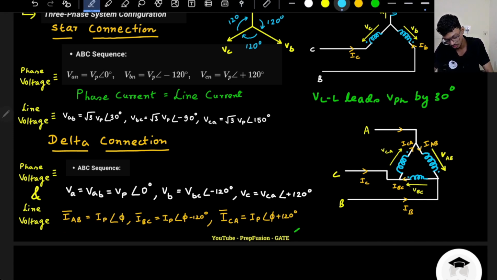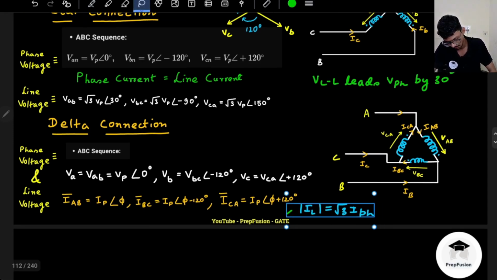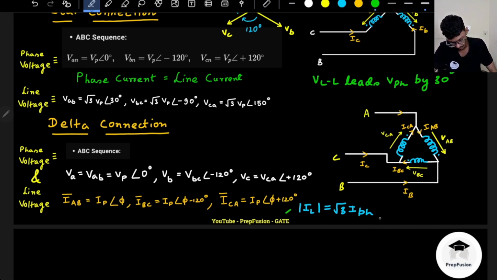The line current magnitude will be root 3 times the phase current magnitude. Also, one more thing we have to keep in mind is that this will be just the opposite: the line current lags the phase current by 30 degrees.